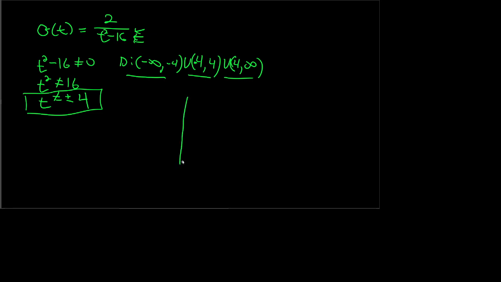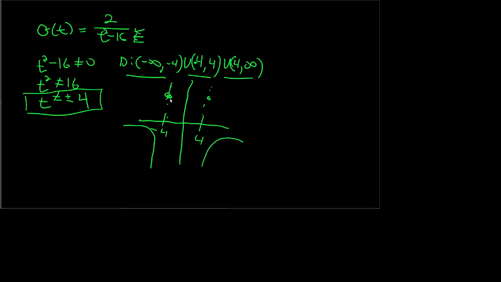Graphically, this divides it into areas where it can exist. And this is positive for the negative 4, so I'm going to get 2 over some negative number, so I think it's going to look like this.